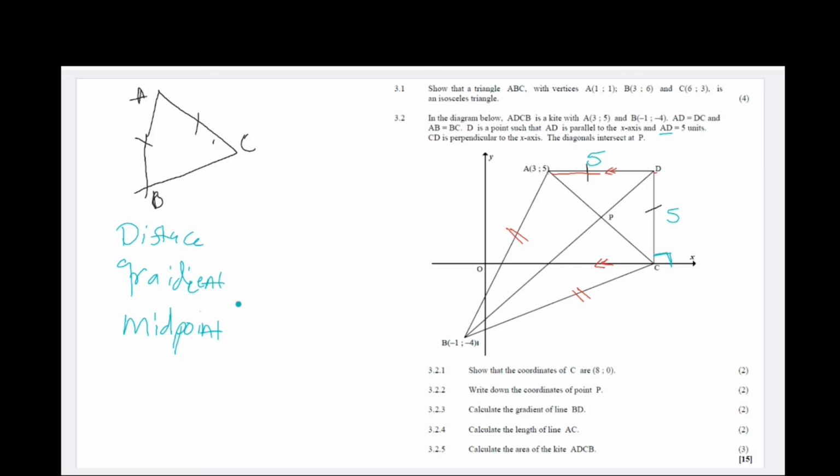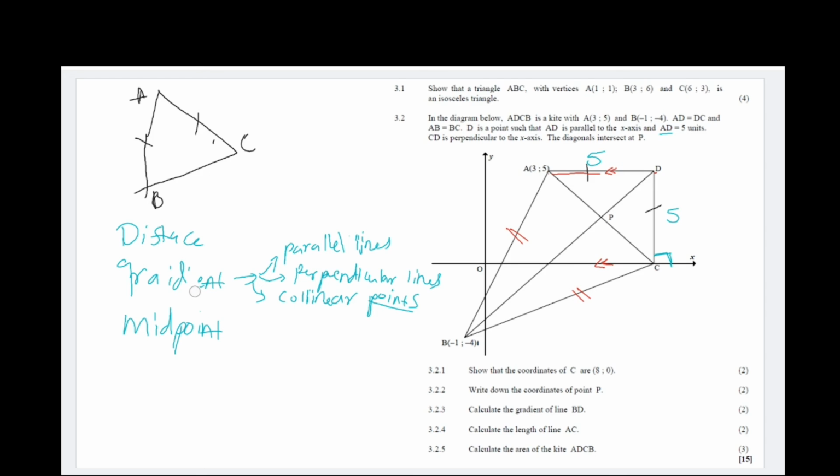And then in gradient we have parallel lines, we have perpendicular lines, and then we have collinear points. So unfortunately we haven't encountered a question which talks about collinear points. Yes, but if you see it in the test, then yeah, don't be surprised.